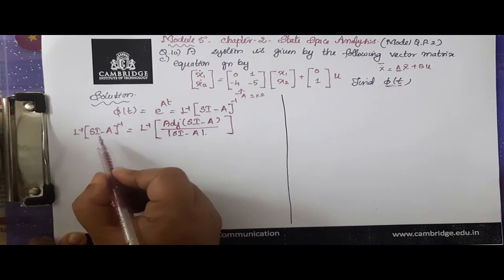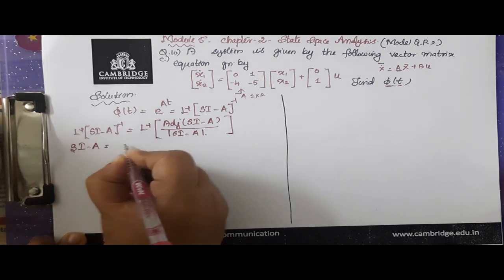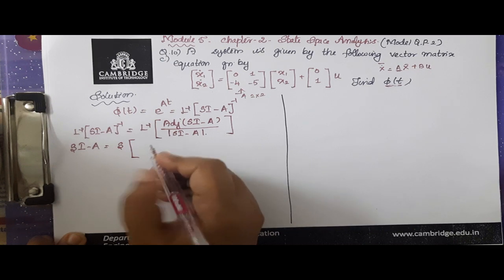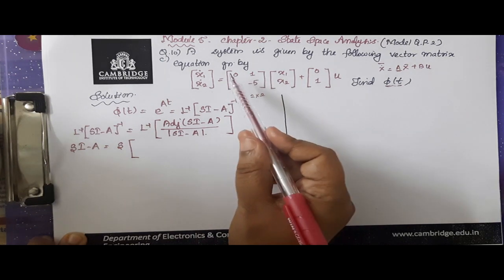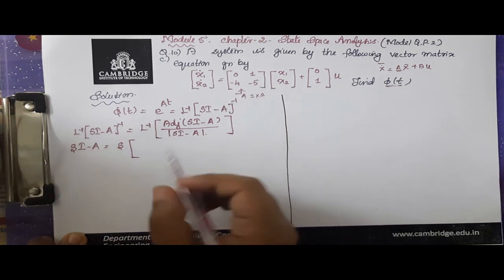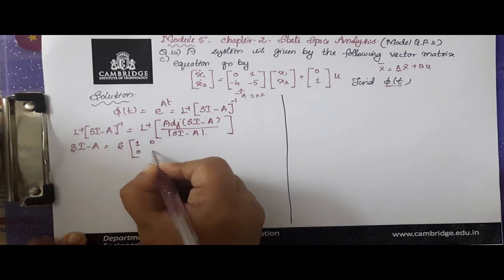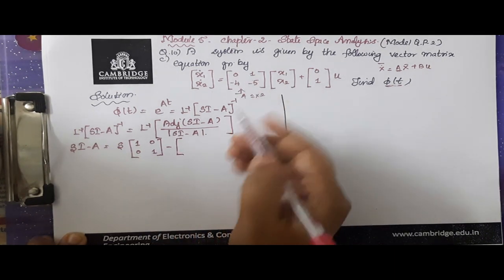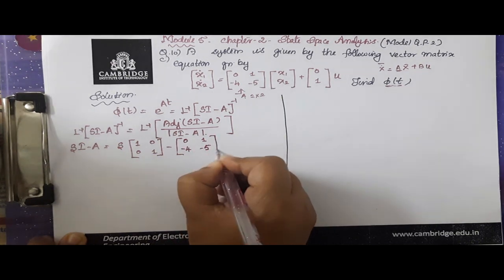So let us do this step by step. First, let us represent sI minus A. sI minus A is equal to s into I, where I represents the identity matrix, and the size of the identity matrix will be the same as the size of the matrix A. As the size of the matrix A is 2 cross 2, let me represent the identity matrix as [1, 0; 0, 1] of the same size 2 cross 2, minus the matrix A, which is [0, 1; minus 4, minus 5].